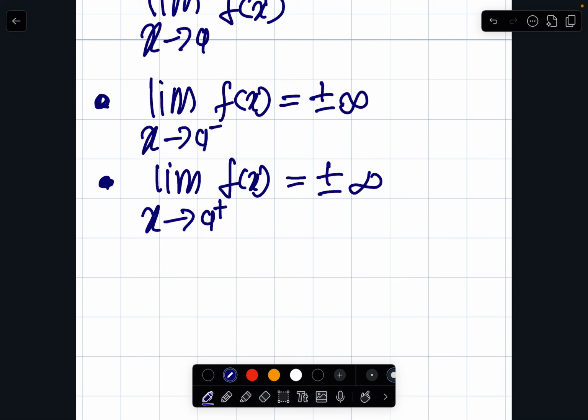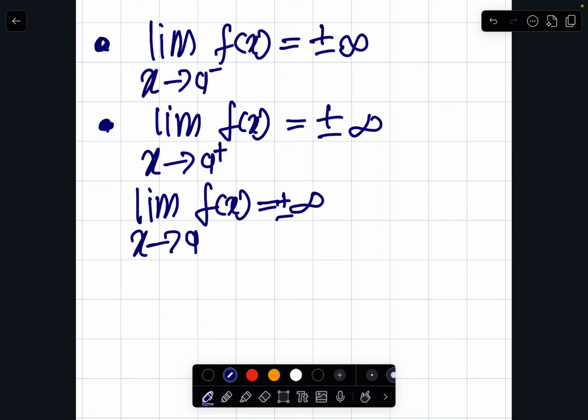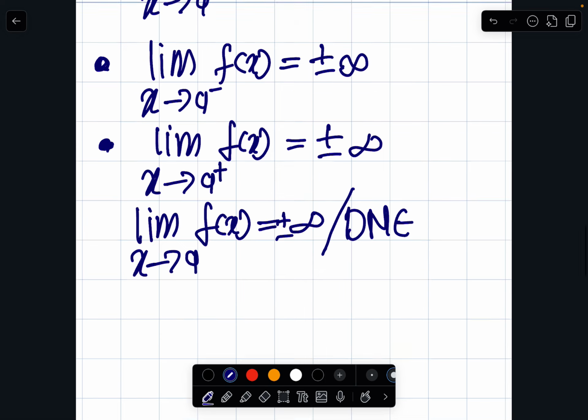Plus or minus infinity, ne? Meaning that the limit as x approaches a of f of x equals plus or minus infinity. Remember, infinity is not defined, meaning the limit does not exist, understand.